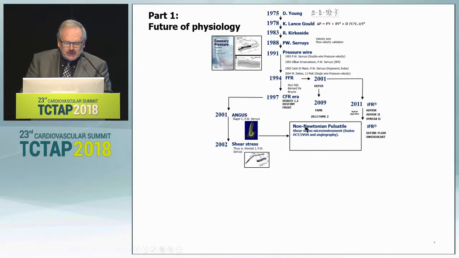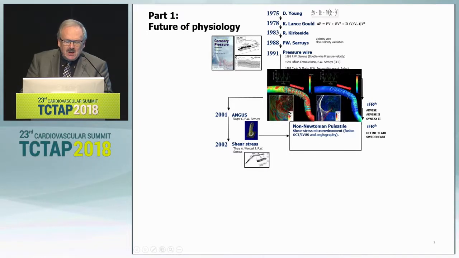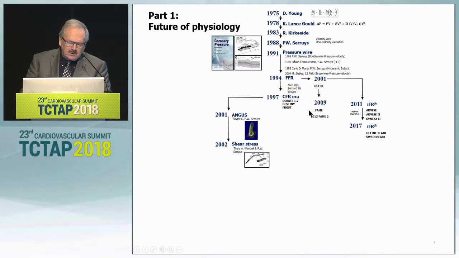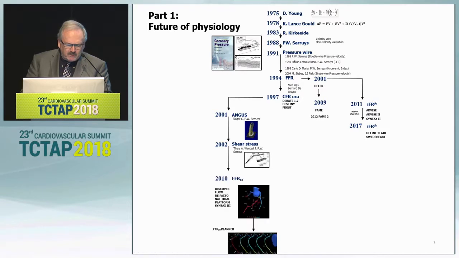But nevertheless, today we use non-Newtonian pulsatile shear stress to assess the different quality of bioresorbable scaffold, and it is very useful. You could find in the European Heart Journal a comparison of these shear stress pulsatile in different bioresorbable scaffolds.